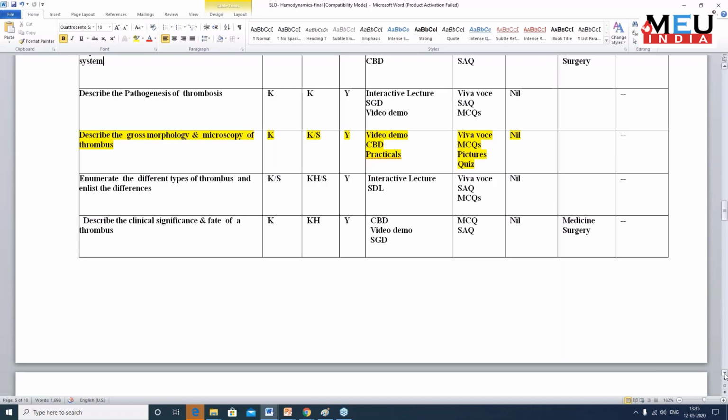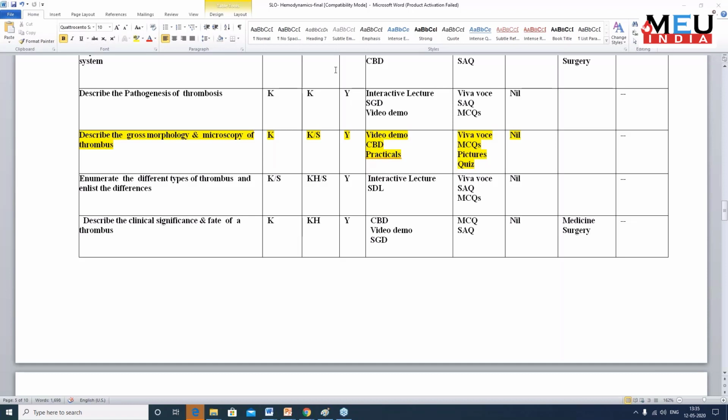And the last component is quite important, where we discuss the clinical significance and the fate of thrombus. So the fate of thrombus and the resolution part, the increase in the fibrosis or progression to embolus. These things need to be discussed.